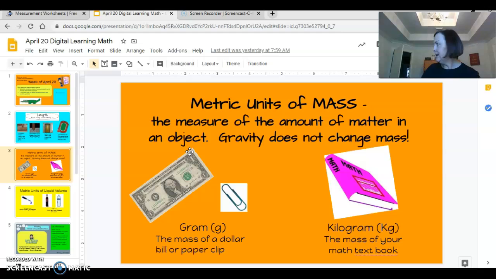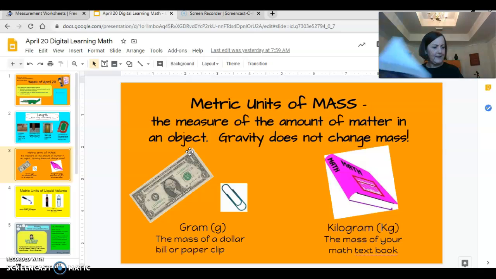And that would be about, oh, sorry, let me grab it. Let me grab it because I got it right here. It would be like your math book or your science book that you have at school, or maybe your dictionary that you use in Miss Hendrickson's class. So a kilogram is about the mass of a textbook.